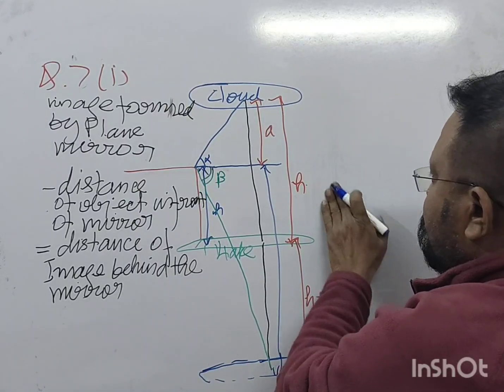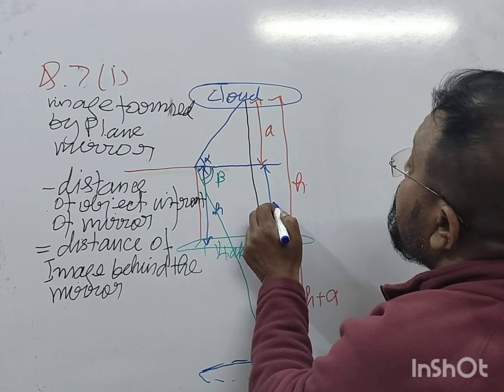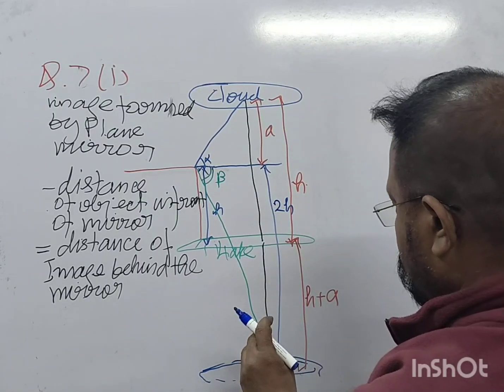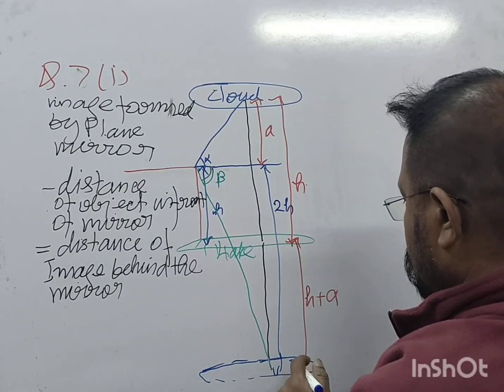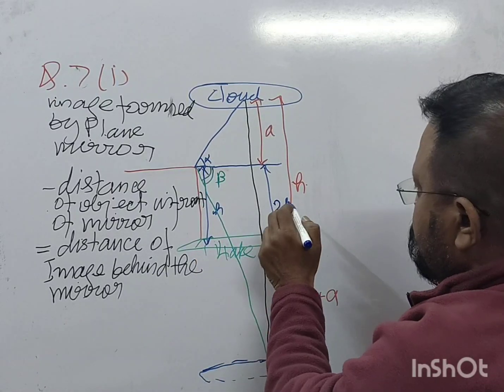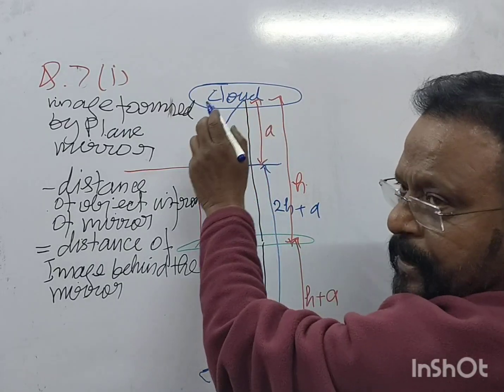It is 2h plus A. This h and h becomes 2h plus A is equal to this height, and this is A.